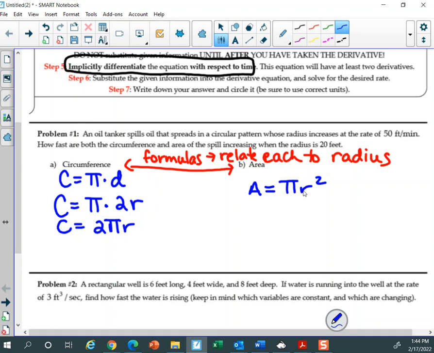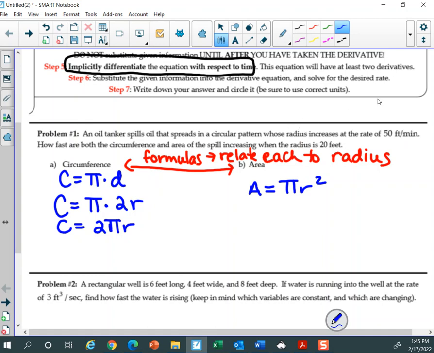And if you're thinking, well, why specifically did we relate to the radius? When I read the problem, an oil tanker spills oil that spreads in a circular pattern whose radius increases at the rate of 50 feet per minute. I have a rate of change for the radius.